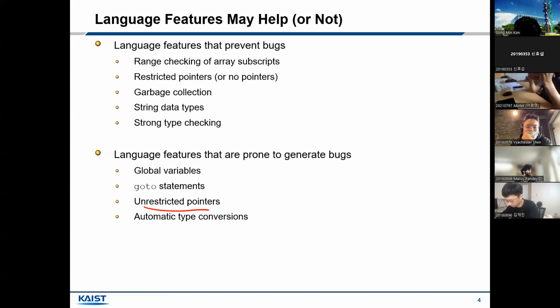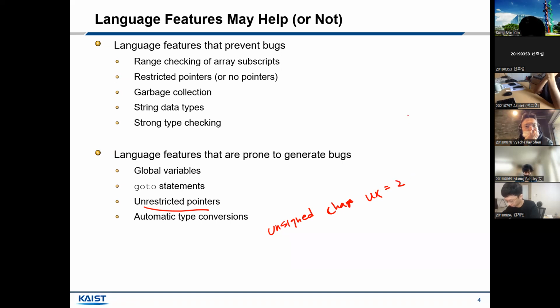And automatic type conversions are also very prone to error. Let me just write an example. Like unsigned char. This is actually an example from 209. If you have taken it, or are taking 209, take this as a reminder.